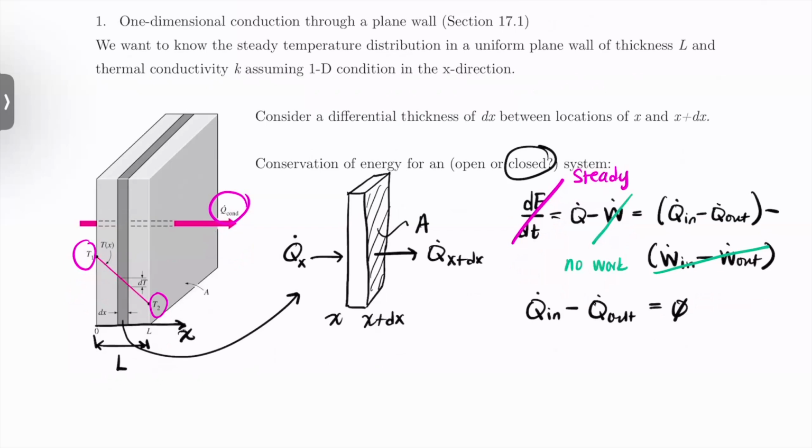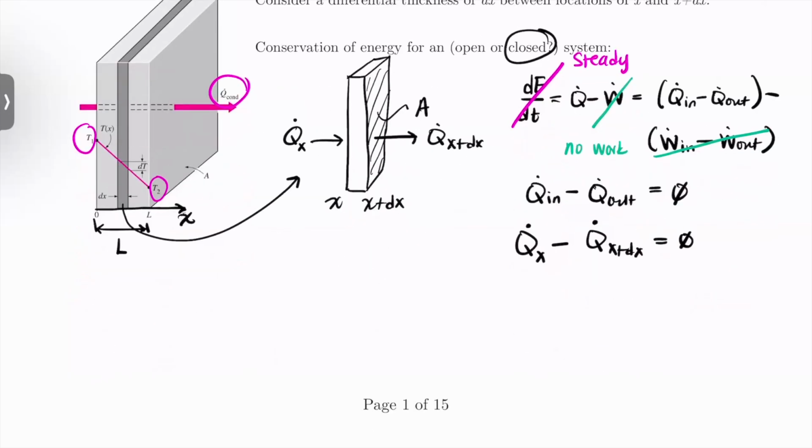Or we could write this as q dot in is q dot x, that's our left-hand side incoming rate of heat transfer, minus q dot x plus dx is equal to 0. So I can rewrite this term in the following way.